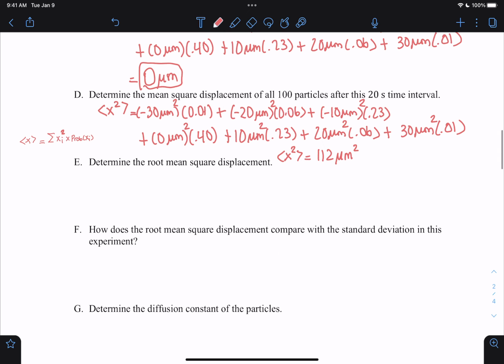Yep, go ahead. Squared over. Yeah. So like this one.